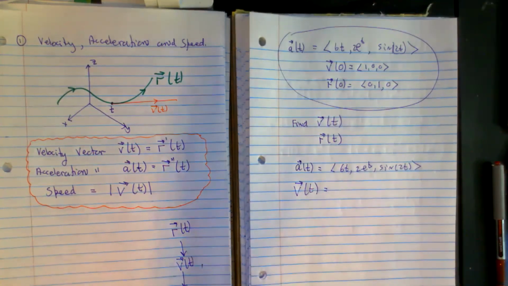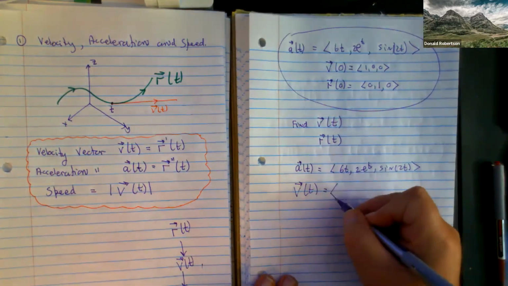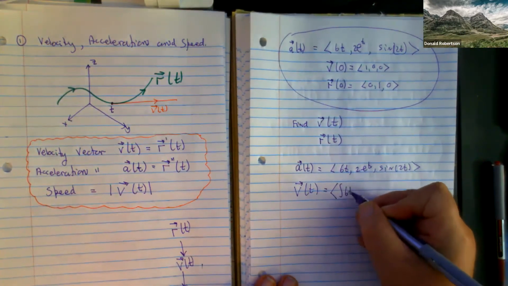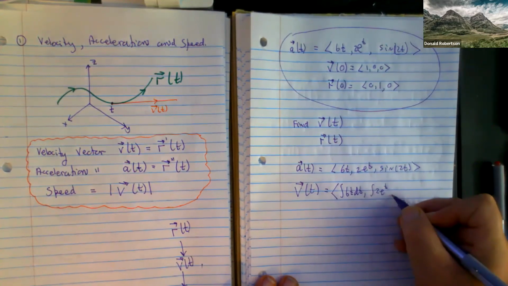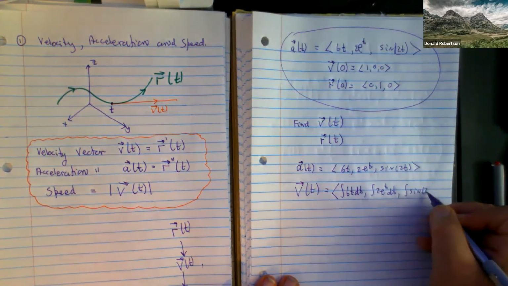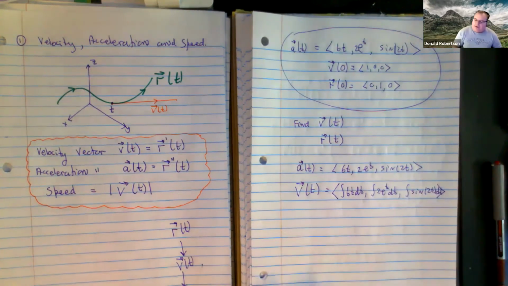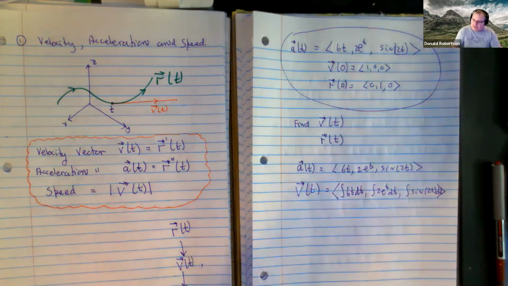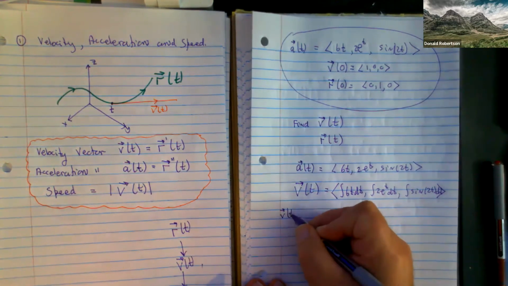Integrate it. Agreed. Opposite of differentiate. So to get the velocity vector, won't I have to integrate 6t, integrate 2e to the t, and lastly, integrate sine 2t? If you work backwards, shouldn't you integrate? If you work forwards, you differentiate, right? Two-way street.